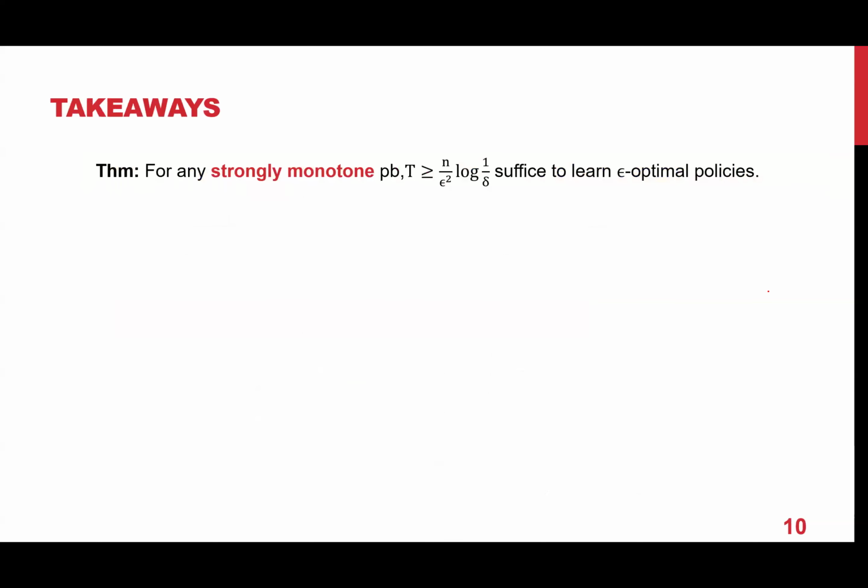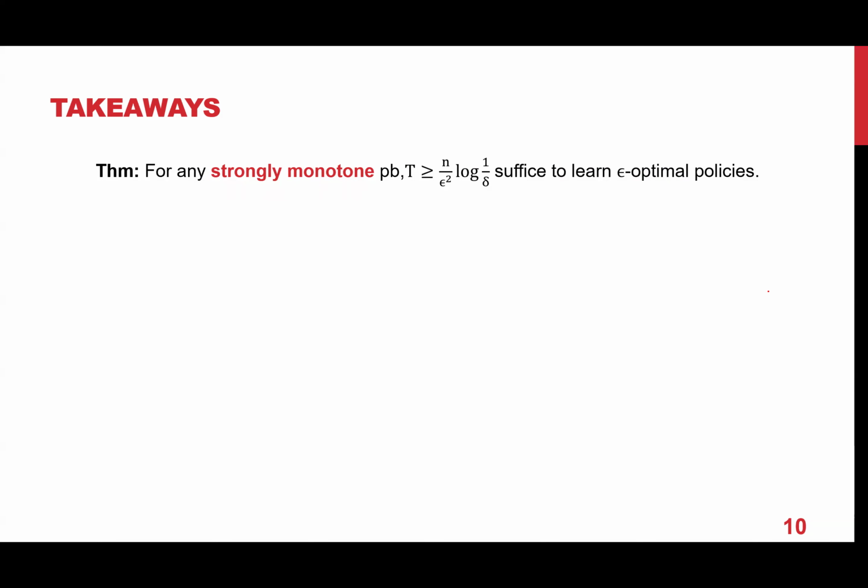So what are the main takeaways from this part of the talk? The main result that we saw or nearly saw is that roughly n over epsilon squared samples suffice to learn epsilon optimal policies for any strongly monotone problem. This includes our revenue maximization problems, optimal stopping problems, Pandora's box problems, and many others, which we did not talk about as well.